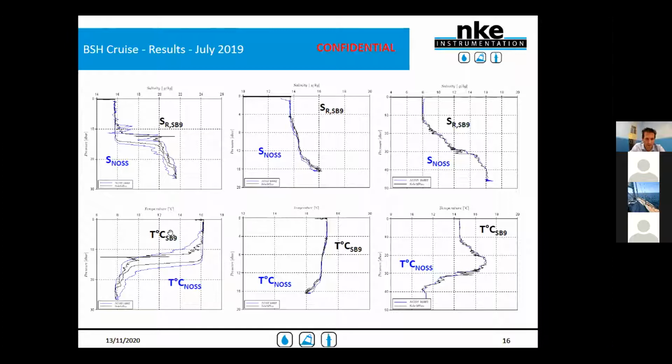And the same below for the temperature profiles, for 3 examples of profile. We have good behavior and a very good shape between the NOSE salinity and the reference salinity. We observe some problems of correction lag and of response time of the NOSE sensor, due to the low frequency of measurement.